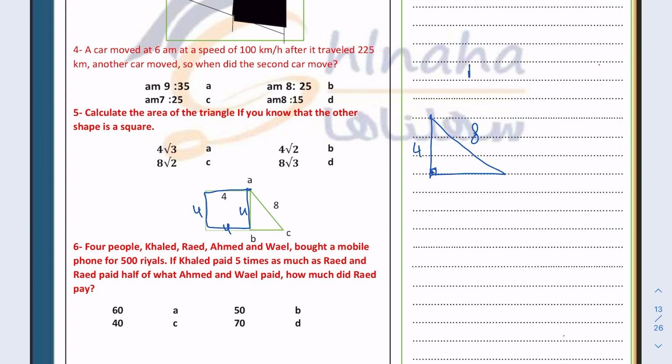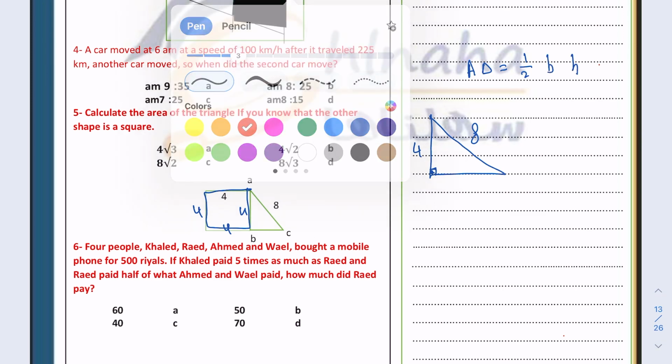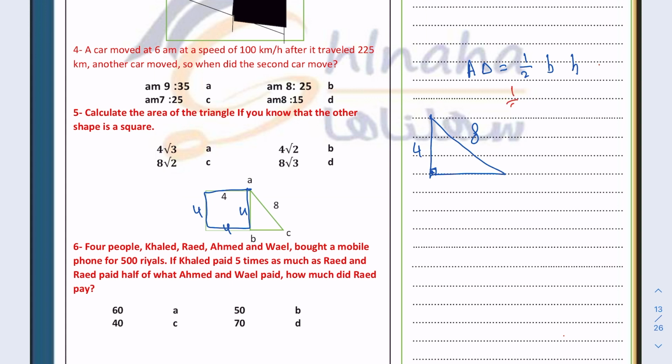Let's write the area of a triangle first. Area of triangle equals half times base times height. Okay, where is the base and height? This is the base and this is the height. Teacher, I have the height, which is 4, but where is the base?